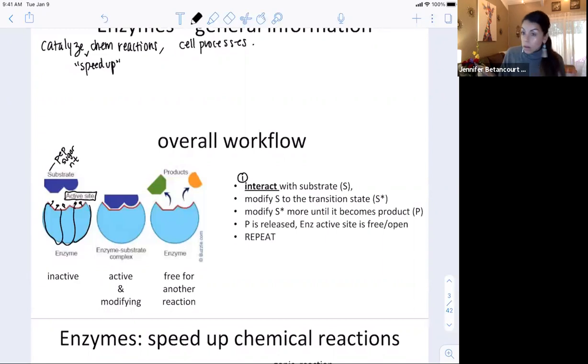All molecules also have molecular properties. So maybe there's some partial positive sticking out here, or partial or formal positive, whatever it is. There are going to be molecular properties on that substrate. And it's the attraction between the surfaces of the substrate and the active site that allows the substrate to bind there.